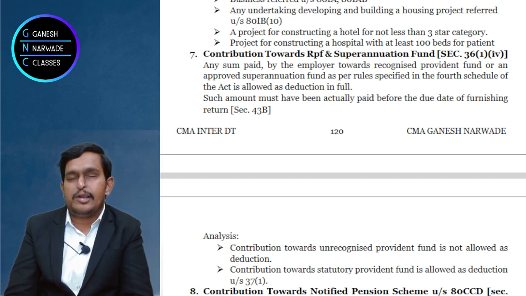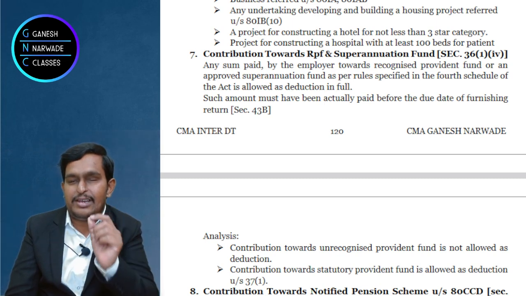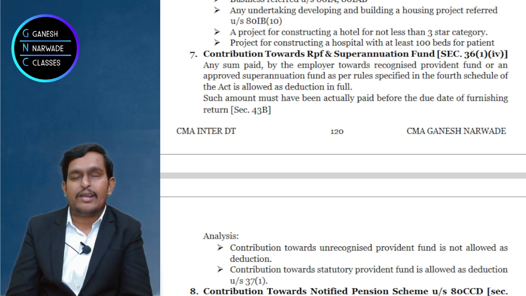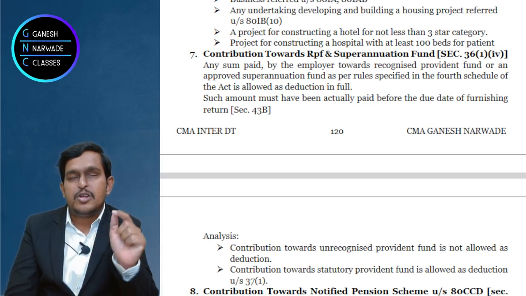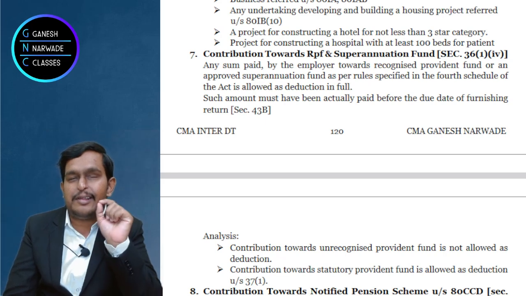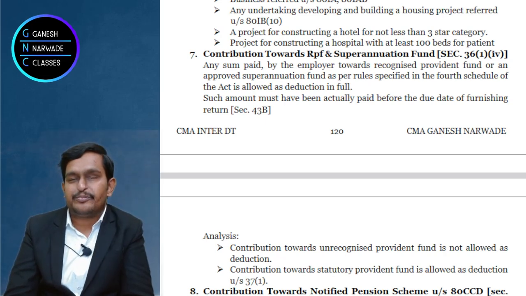If you are contributing to that, then you will get deduction under section 36 subsection 1 clause 4A. Okay, very good. But then how much contribution can be done? It's the employer's choice, boss. But how much deduction? Deduction is simply 10% of the salary. So whatever the employer's actual contribution or 10% of salary, whichever is lower, the deduction will be allowed.